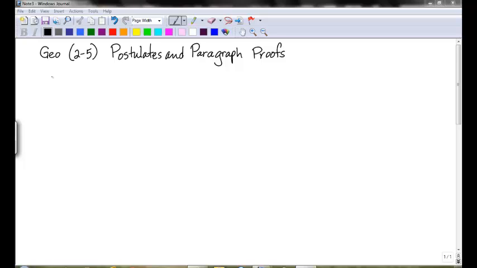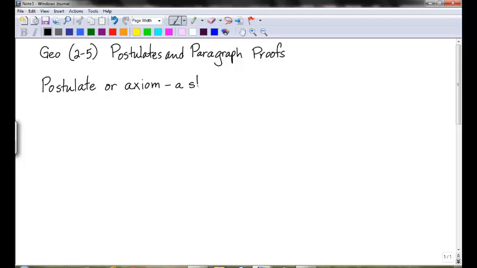Okay, the first thing the author defines is what is a postulate. Make sure you spell it correctly. Some authors call them postulates, or it might also be called in geometry an axiom. Okay, it's A-X-I-O-M, a postulate or an axiom.